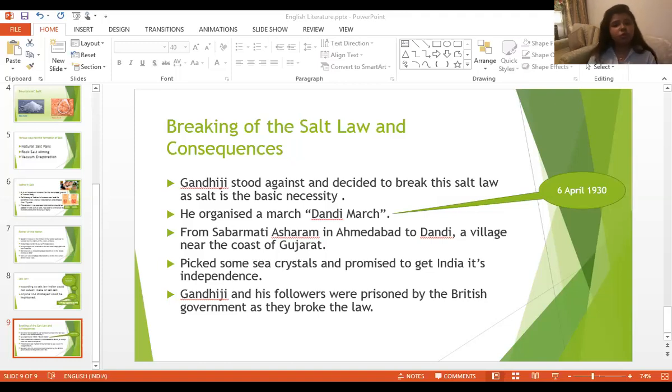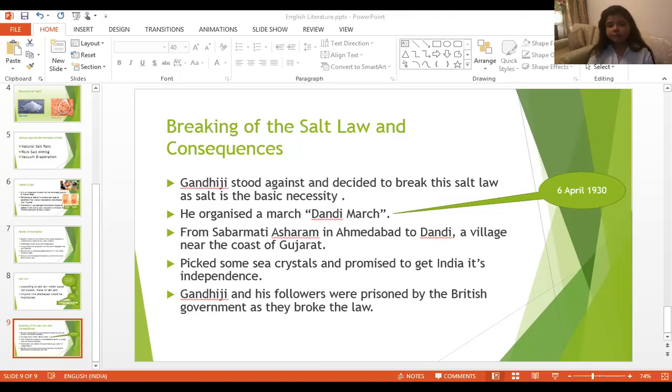When the British ruled India, they imposed a salt tax. Imposed, the meaning is written below: a forced or unwelcome decision or rule on someone. So there was this imposed, forceful tax, the salt tax, which the Indians had to pay, and the salt law was made. This led to an increase in the price of salt.